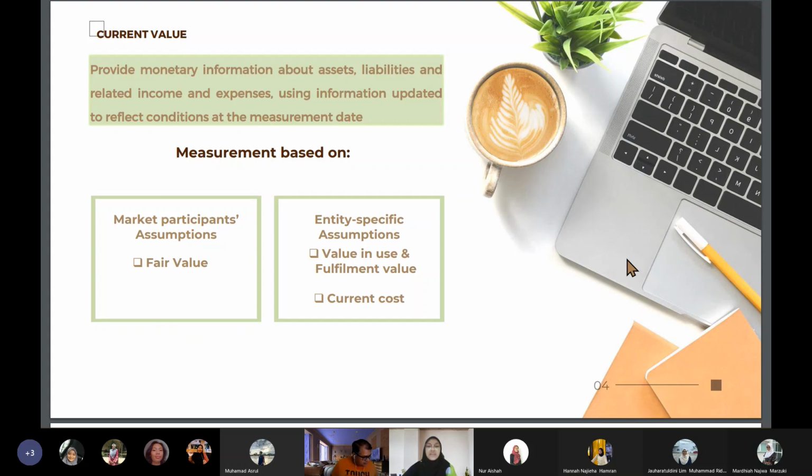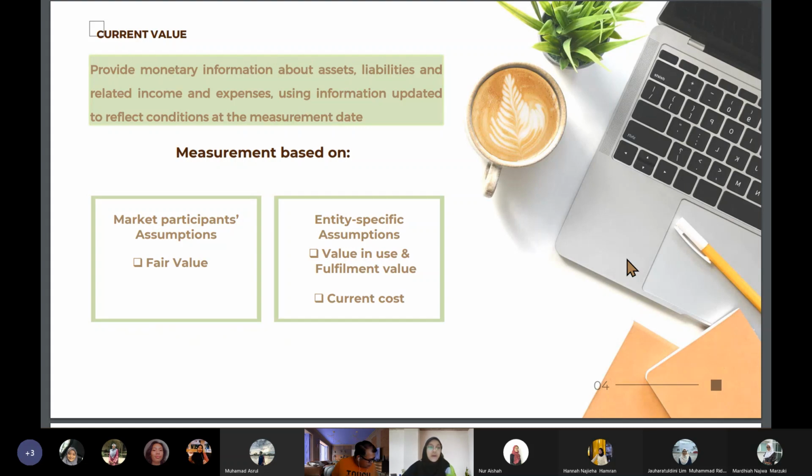Also the entity-specific assumption is value in use, or we can call it fulfillment value, because fulfillment value is used for liabilities.